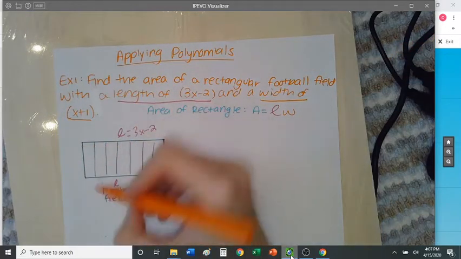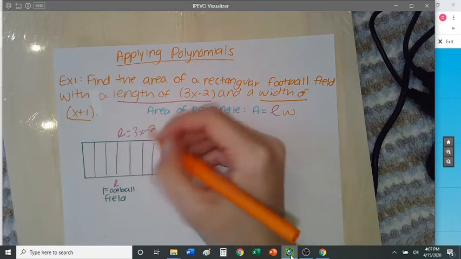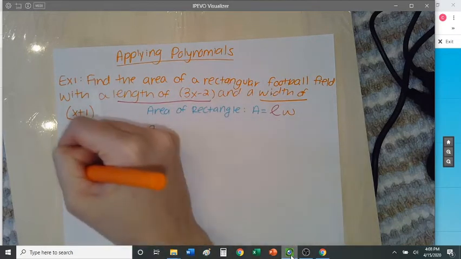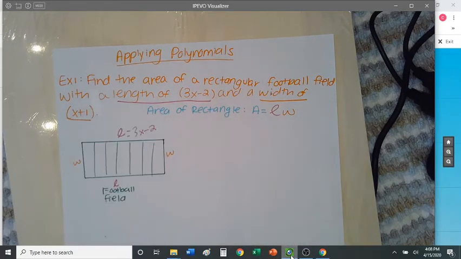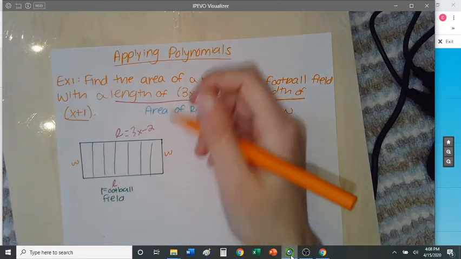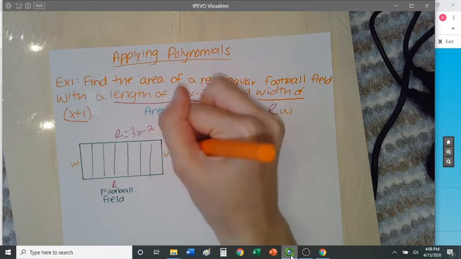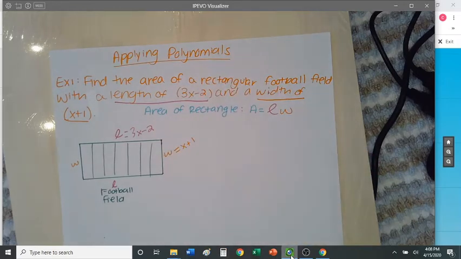So if these two sides I'm going to call the length, then the width would be the other two sides, which again, it really doesn't matter which you call the length and which side you call the width. So my width is x plus 1. And then the goal is to find the area of this rectangular football field.